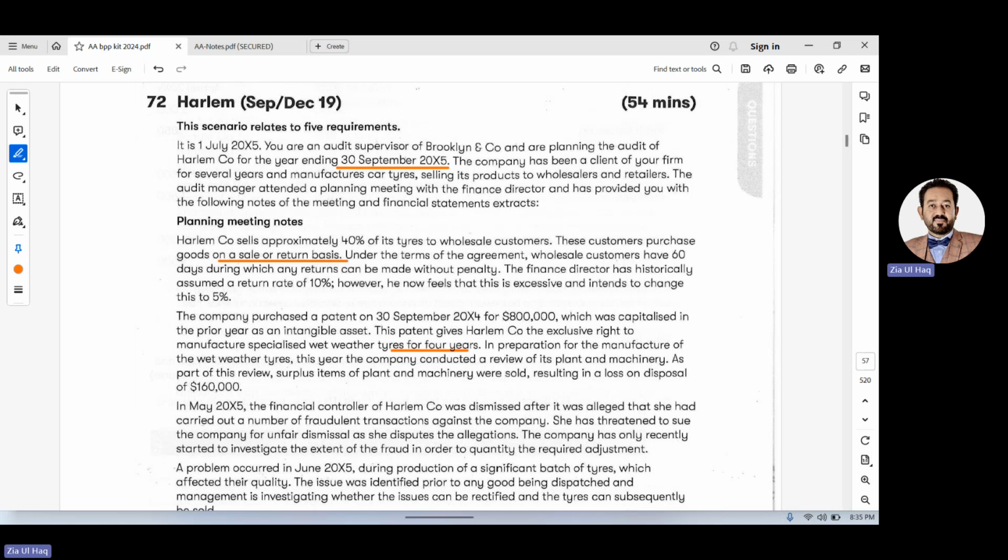In preparation for the manufacture of the wet weather tire, this year the company conducted a review of its plant and machinery. As part of this review, surplus items of plant and machinery were sold, resulting in a loss on disposal of 160. The company has sold some of the plant and machinery and made a loss of 160. This loss should be recorded where?